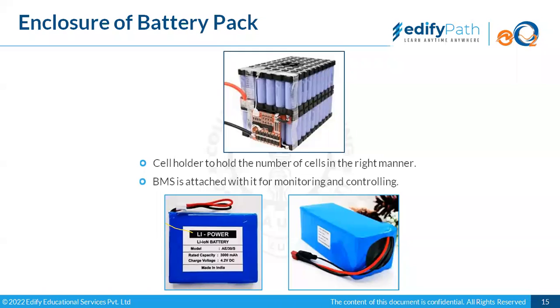So cell holders hold the number of cells in the right manner, and the BMS is attached with it for monitoring and controlling, as we discussed. The outer port that we are discussing, these two black and red wires that you could see, both charging and discharging can be done through these same wires, but one at a time, either charging or discharging.